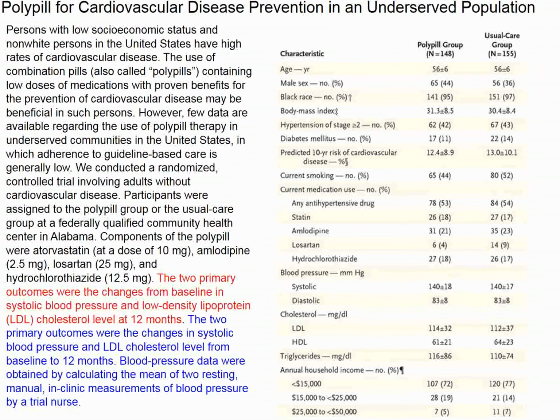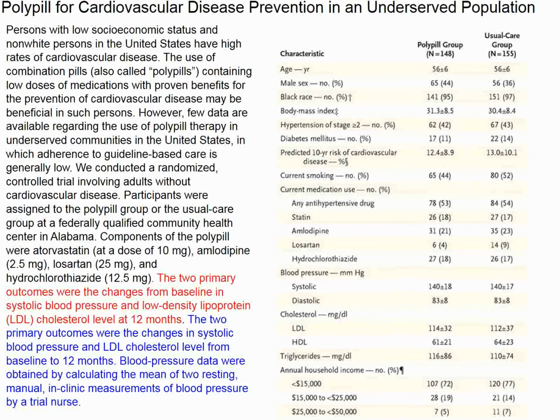These were poor black people living in Alabama, and they were randomized to the polypill group or the usual care group. This polypill is a little different.